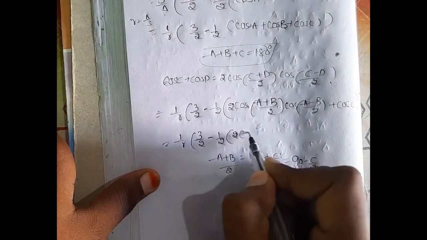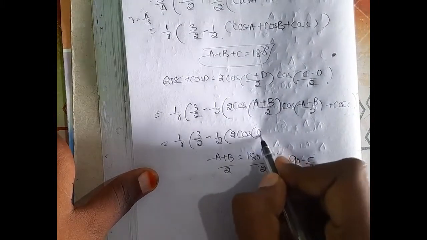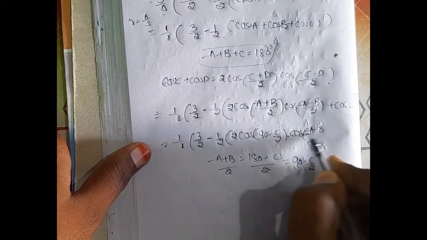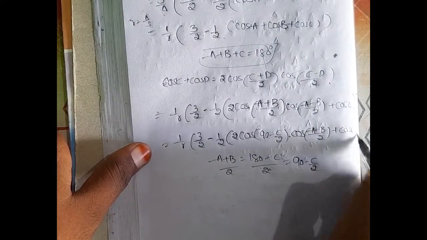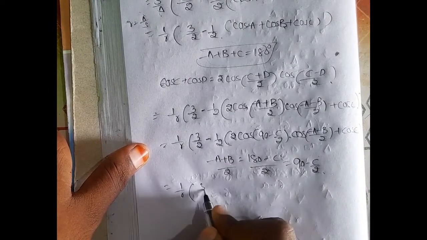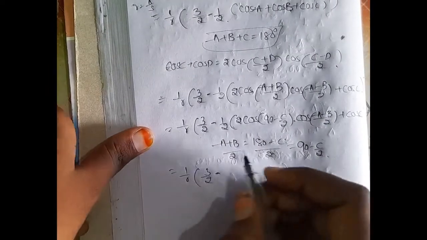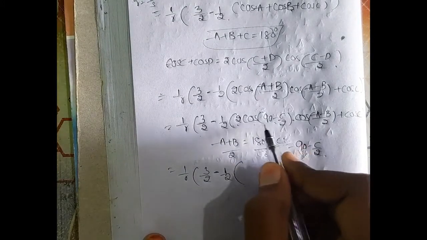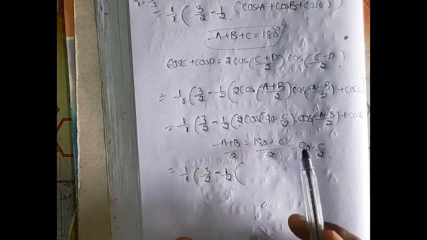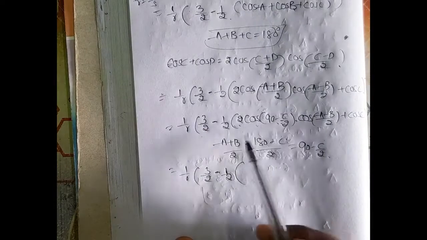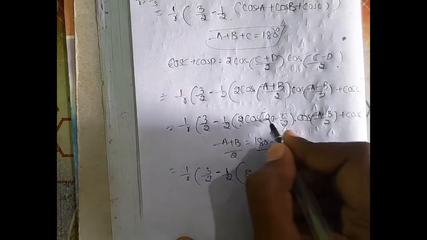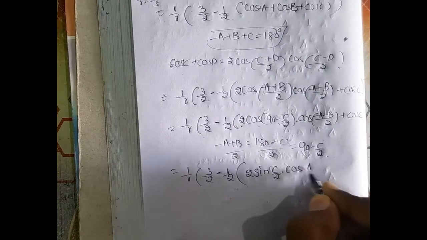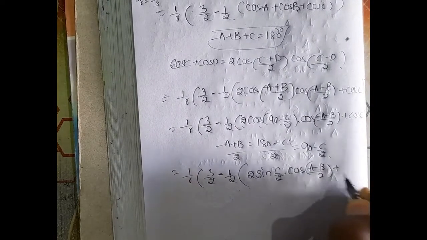Now 2 cos (90 minus C by 2) cos (A minus B) by 2 plus cos C. 1 by R, 3 by 2 minus 1 by 2 of 2 cos (90 minus C by 2). Cos of 90 minus theta is sin theta. It lies in the first quadrant, so all are positive in the first quadrant. Just the function changes. It changes to sin C by 2 cos (A minus B) by 2 plus cos C.